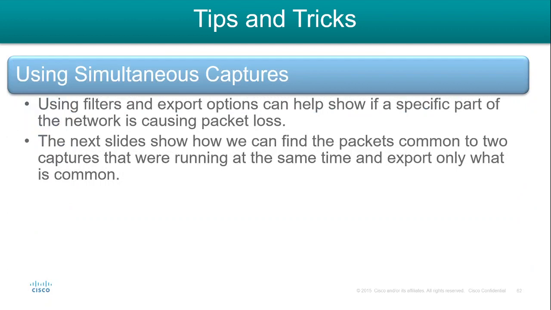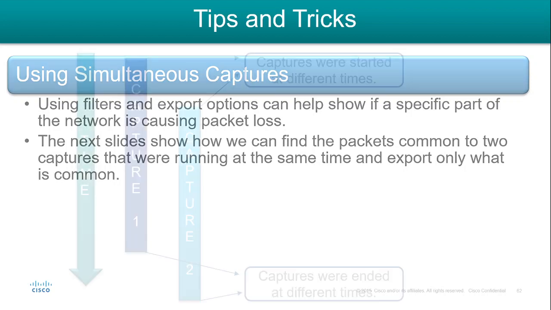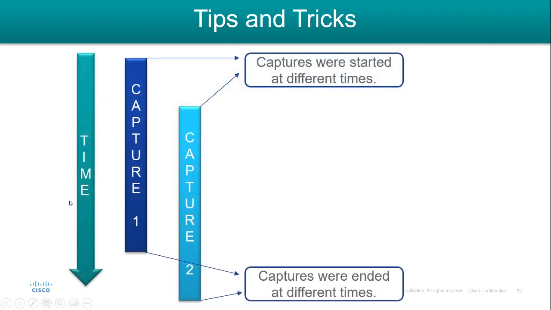The next tip and trick that I want to show you guys is some of the benefits when it comes to using simultaneous captures. More specifically, how we could filter the captures out so that the first and last packet is identical in both. And what I mean by that is, and I'll start off with a more simple example. Typically, when we're looking at these simultaneous packet captures, we have time going down. Customer's going to go to one device, they're going to start the packet capture, so that'll be starting here closer to time 0.